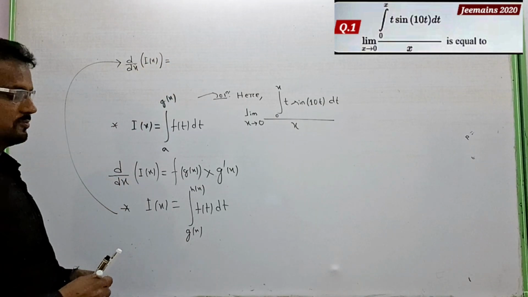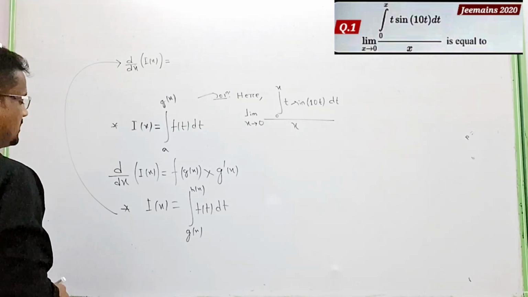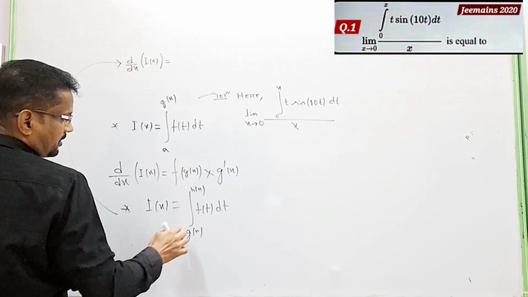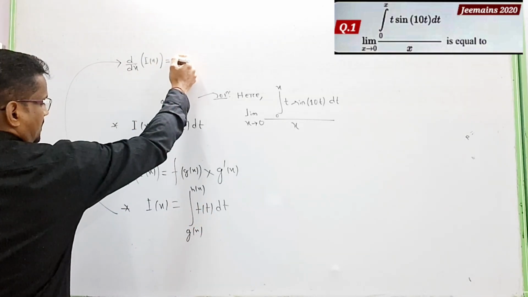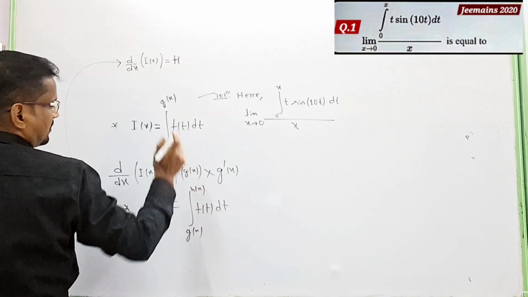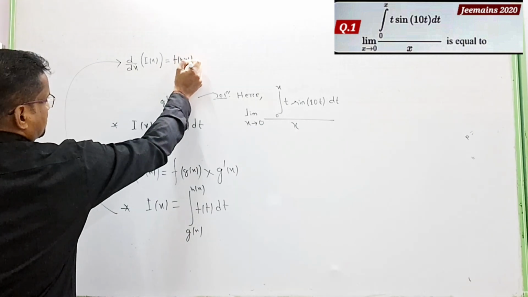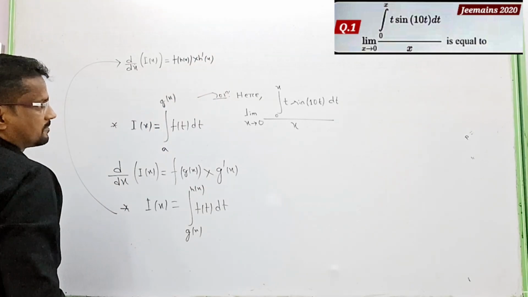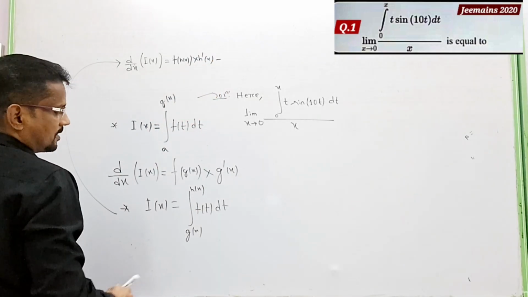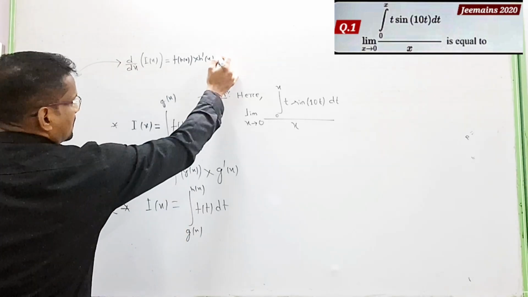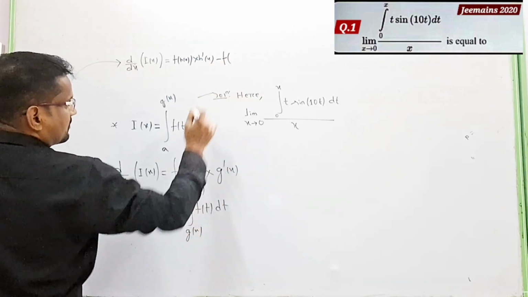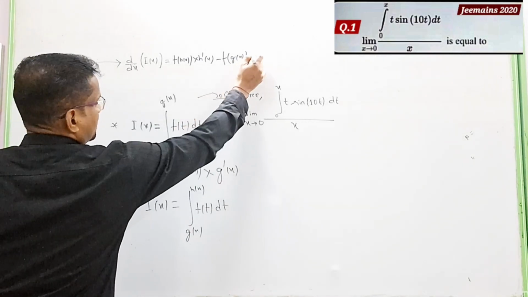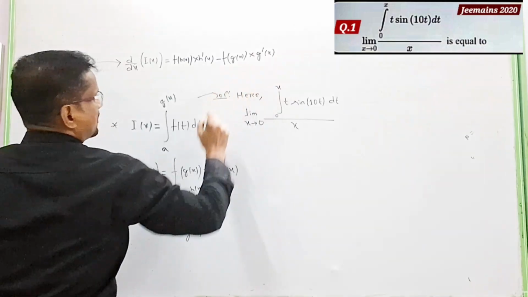In that case, you do one thing. As it is, first of all replace t by the upper limit, that is f of, in place of t, h(x), into h'(x), minus, then the lower limit f of, in place of t, g(x), into the derivative of the lower limit, that is g'(x).